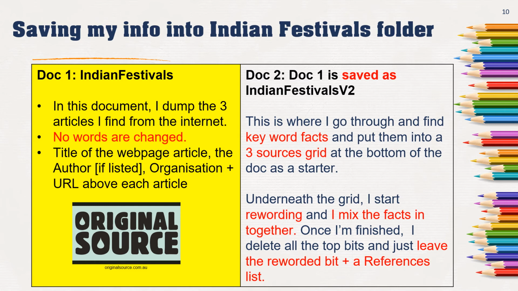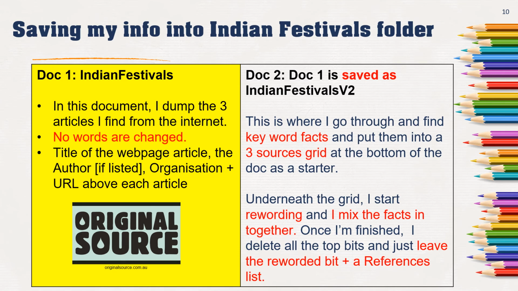So I'm really using the facts from 3 sources, but I'm now mixing them all up together and making sure that the wording looks really different. And underneath, I create a references list, sometimes called a bibliography, so that I'm saying where I found them. So I'm happy with that.